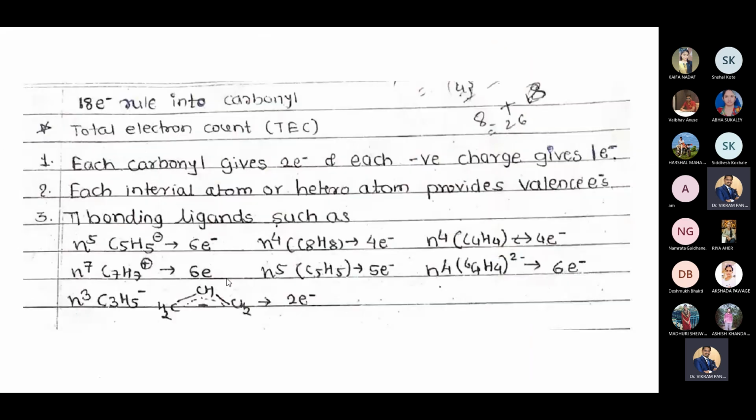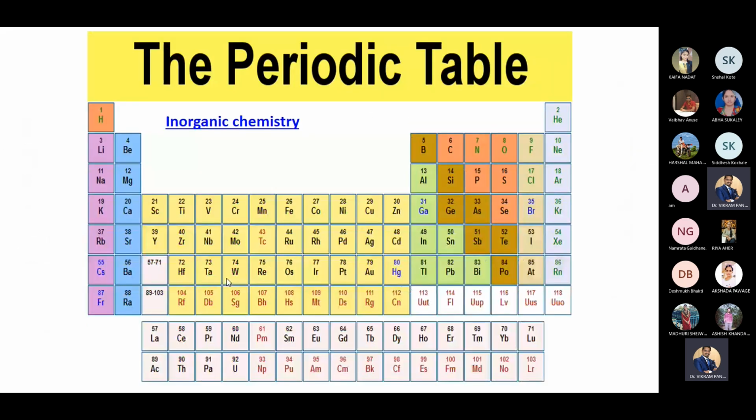For example, I just showed you at the beginning that these metals are present somewhere here. Now how to remember this? I have one trick. Starting from chromium till nickel, see, one, two, three.